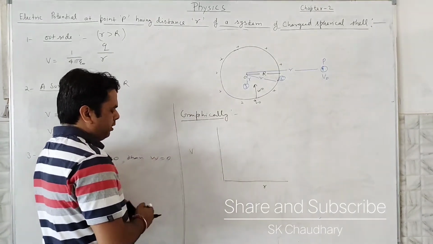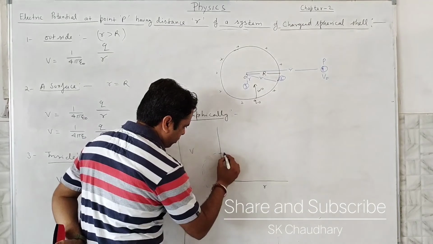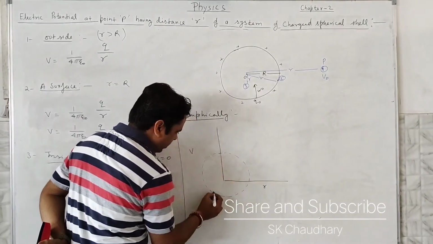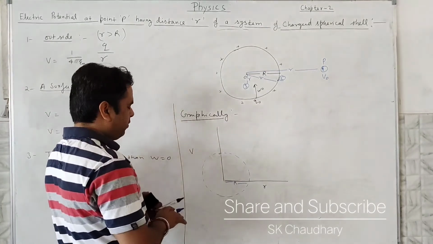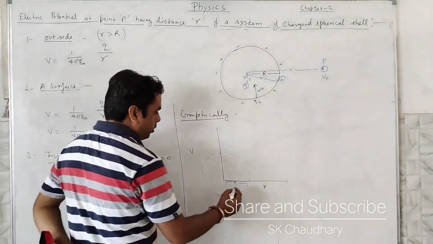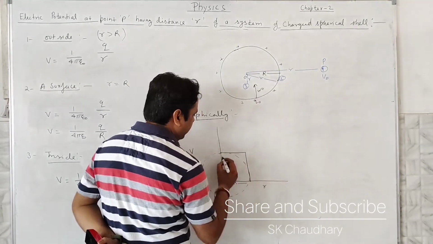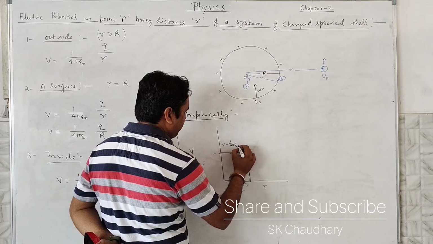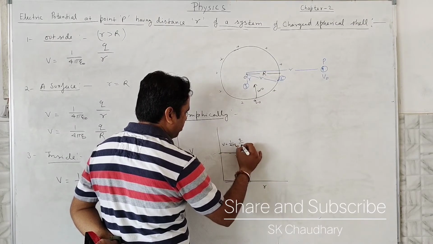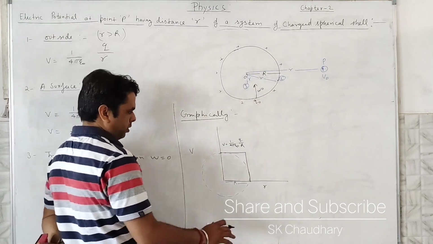If we assume the radius of the sphere is R, then till that surface the potential will remain as it is: V is equal to 1 upon 4 pi epsilon naught total charge divided by the radius of the spherical shell.